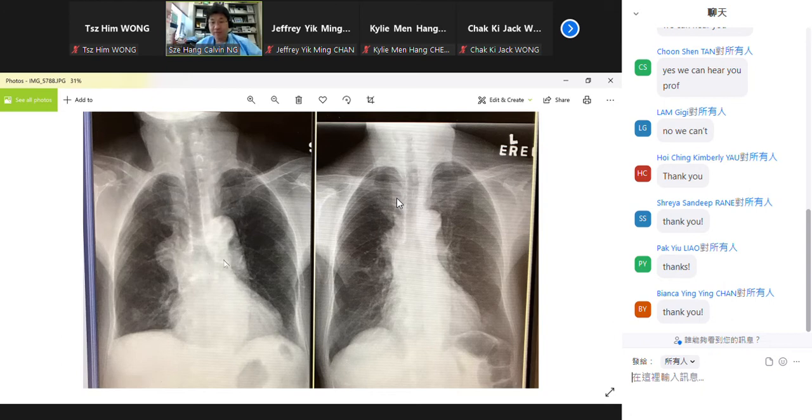Anyone able to tell me what the problem area is here? Is it a widened mediastinum? There is. Very good, on the right side of the patient.